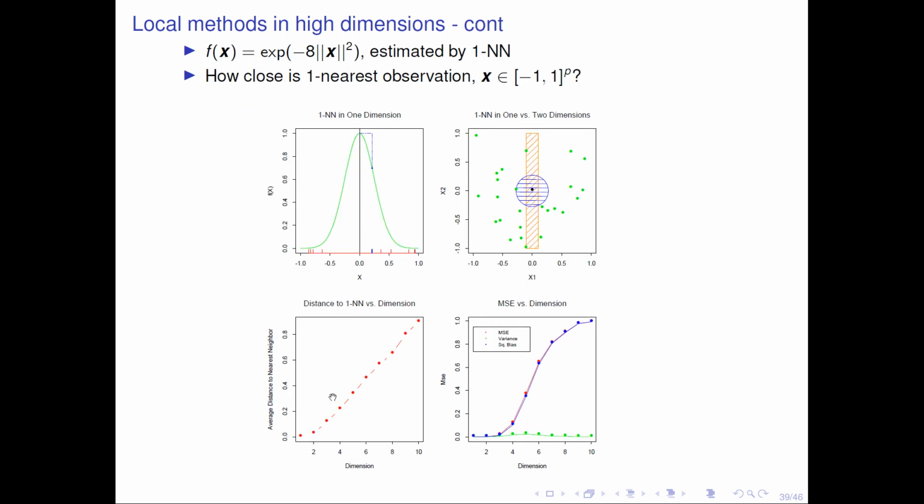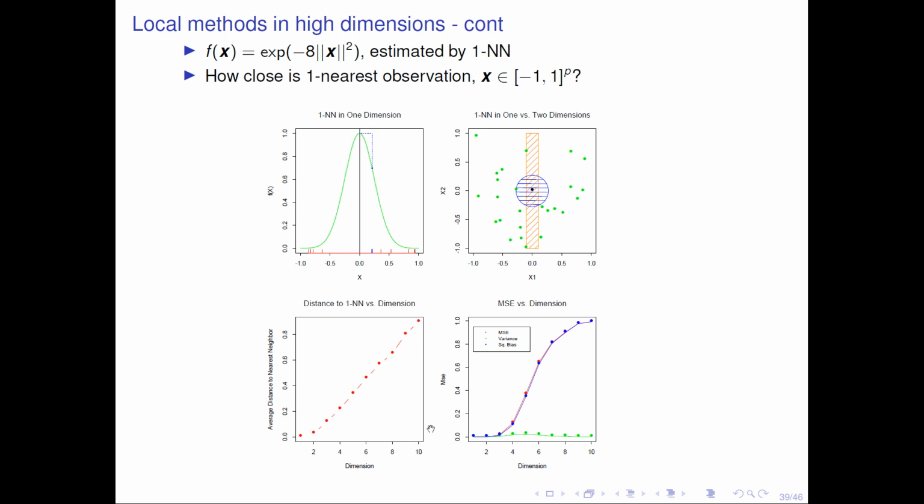And this gets worse and worse when we are increasing the dimension. So here we see how the average distance is given in different dimensions. It's quite close if you just have one x variable, but then it increases as the dimension increases.